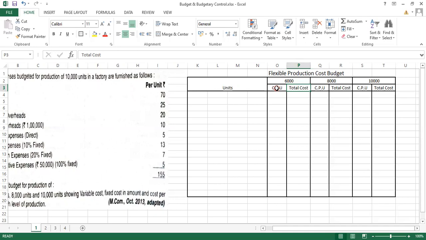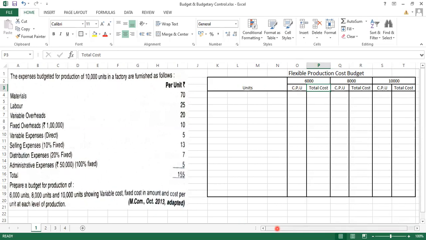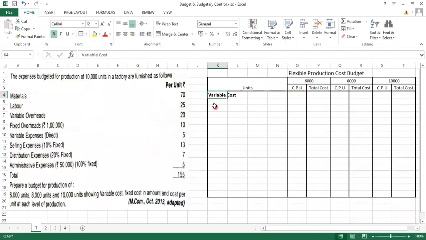Done. Now let's start. First, the heading we will be given variable cost. And inside it, we are going to write down what are the things given. So 6 lines we will leave.